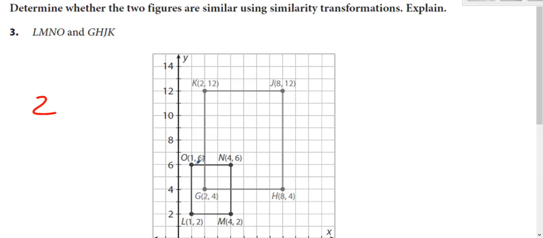So from 1, 6 to 2, 12, multiply by 2, yes. Multiply by 2, yes. 4, 6 to 8, 12, multiply by 2, multiply by 2, yes. And then 4, 2 goes to 8, 4 times 2, yes. Scale factor is 2, so it's a dilation.